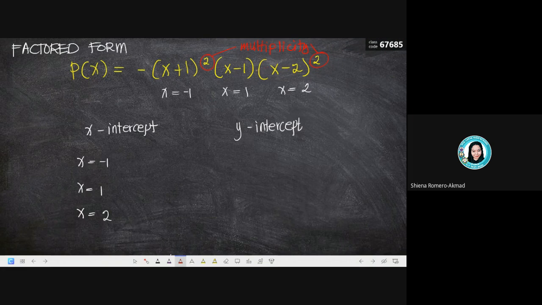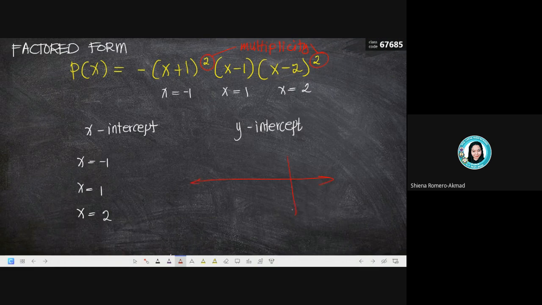Okay? So, kapag sinabi kasing x plus 1 squared, ibig sabihin, dadaan siya doon ng 2 beses. Pero, multiplicity also means if it will pass or it will just touch. So, kunwari, tulad niyan, 2 beses siya. Diba? -1 yan.